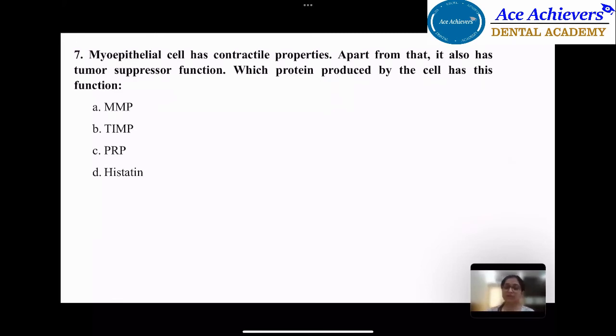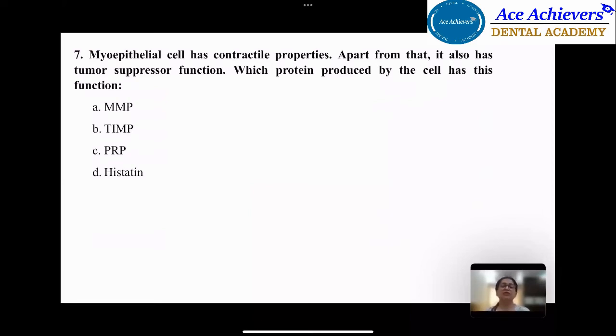But since the question has come, you have to understand that when we are talking about tumors and cell proliferation, remember the matrix metalloproteinases. They are responsible for tumor growth as they degrade the matrix barrier.